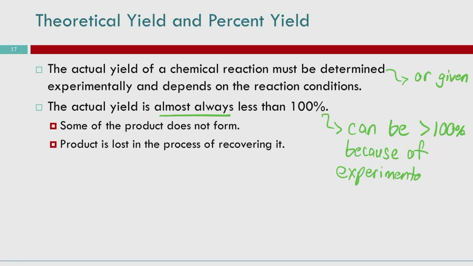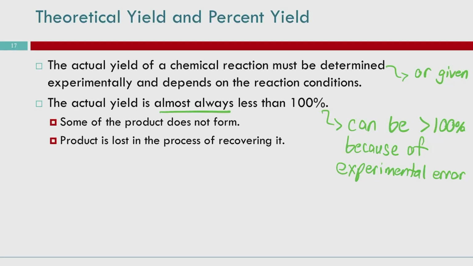We got a little bit of dirt in our product. We didn't dry it out all the way, so there was some water still in there. We forgot to put our little piece of weigh paper on the scale and press tare before we put our product on. Lots of things like that. So we probably made some errors in our measurements if we got a yield over 100%.